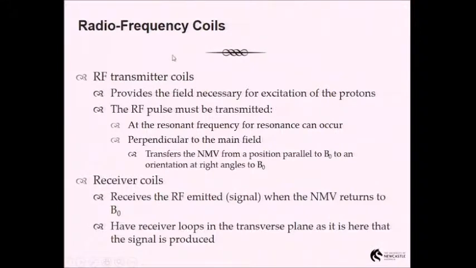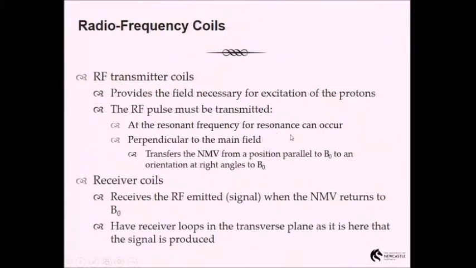So RF coils, these transmitter coils, provide the field necessary for the excitation of protons. Really what that's saying is it's from these local coils that you transmit your RF. Okay? And an RF pulse is really just an alternating magnetic field. So the RF pulse must be transmitted.